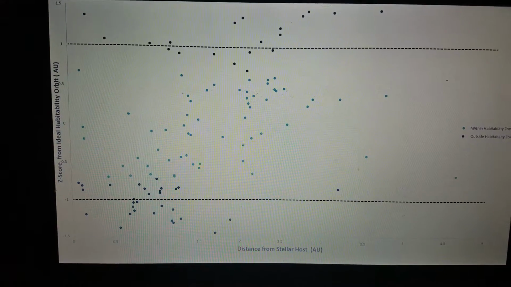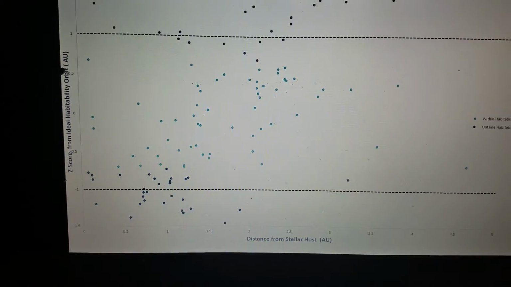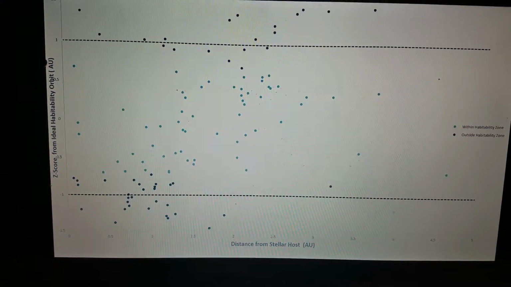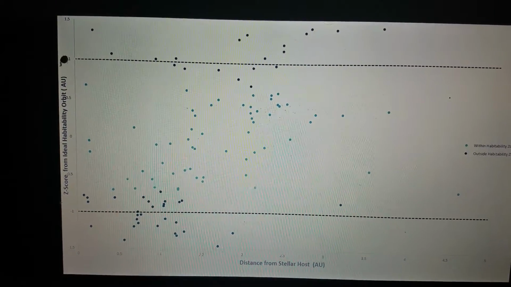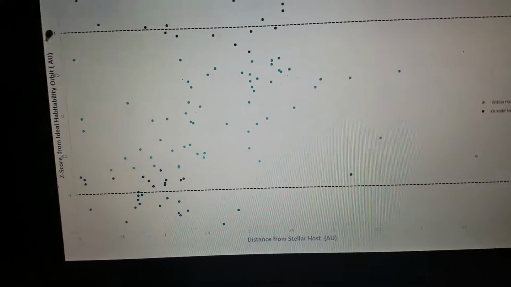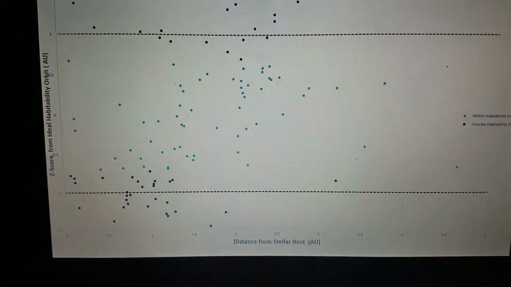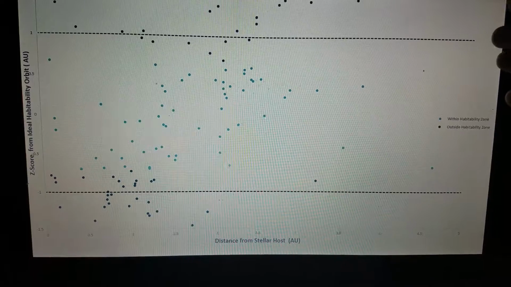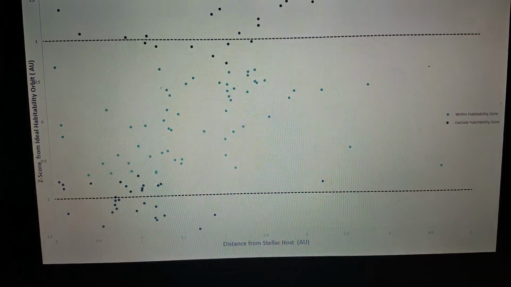But once again, this is zoomed in on the planets, which are right here, so we get a more in-depth look at the planets that were confirmed. And it's the exact same graph, but the one is the furthest out a planet could be from its habitability zone, while the negative one is the closest it could be.